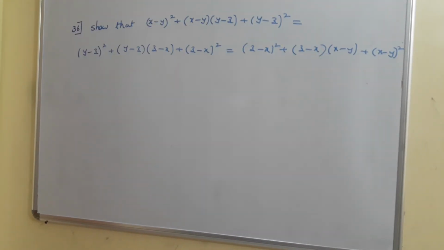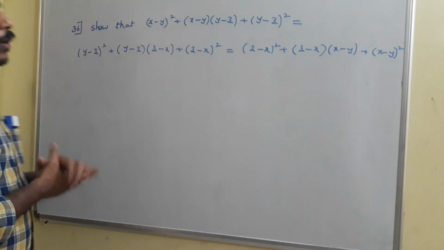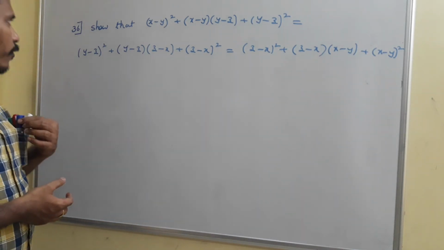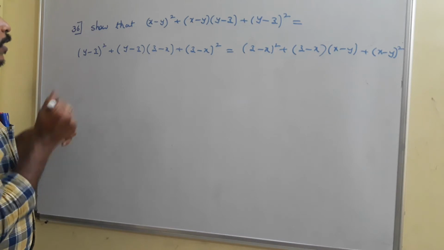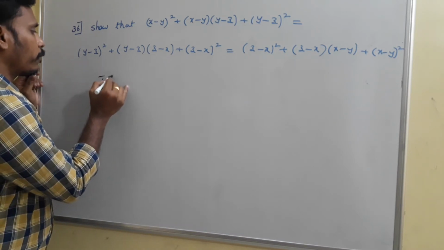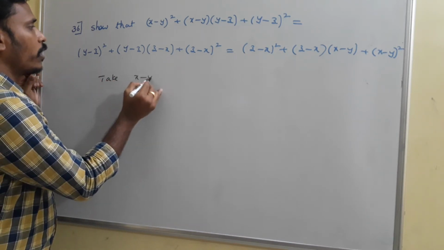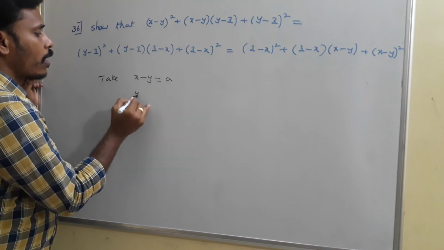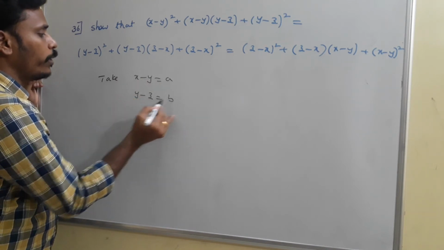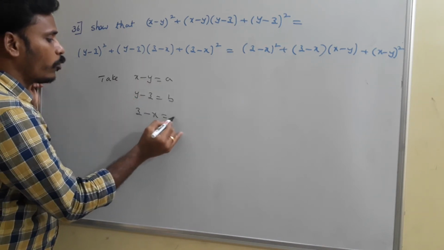So these three are equal: x minus y whole square, x minus y into y minus z, and y minus z whole square. And to show that these three are equal, we have to use the previous 35th one. For that, you take x minus y is equal to a, y minus z is equal to b, z minus x is equal to c.